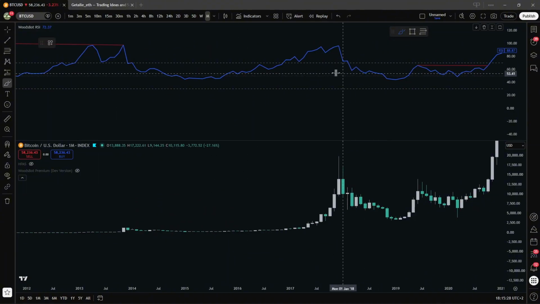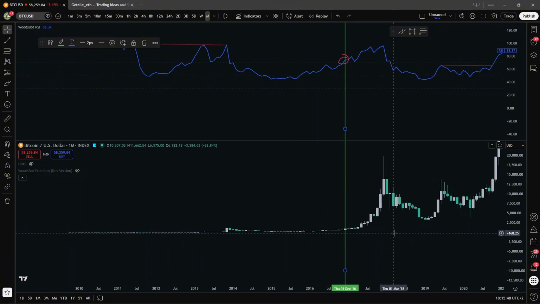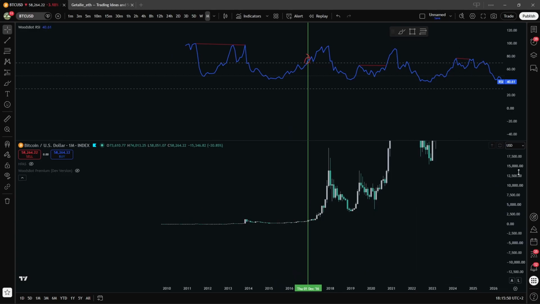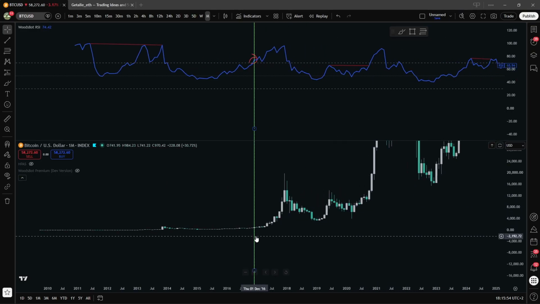So the first time the RSI was getting into the overbought area was right there. So around this level. So Bitcoin was around $1K the first time it went overbought on the RSI indicator, right? And you can see what happens afterwards. It's pretty massive what happened afterward.